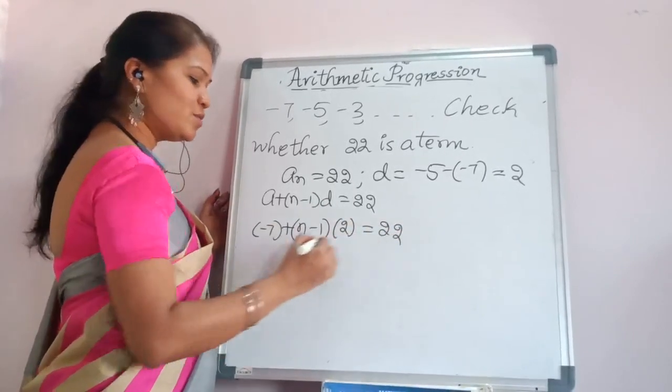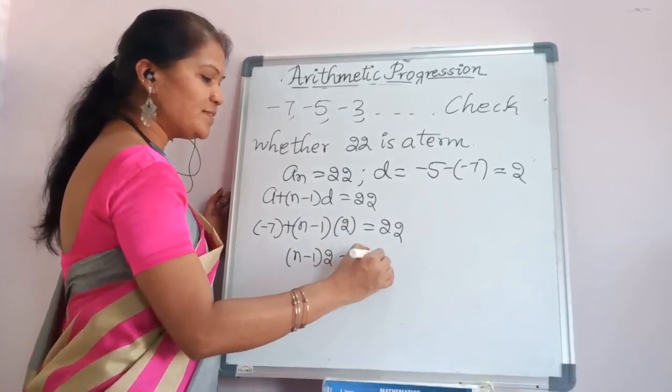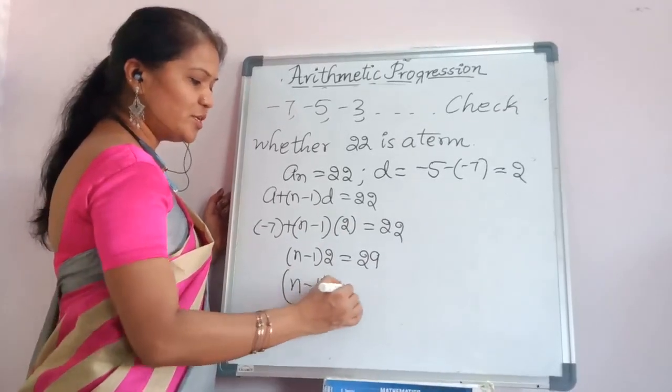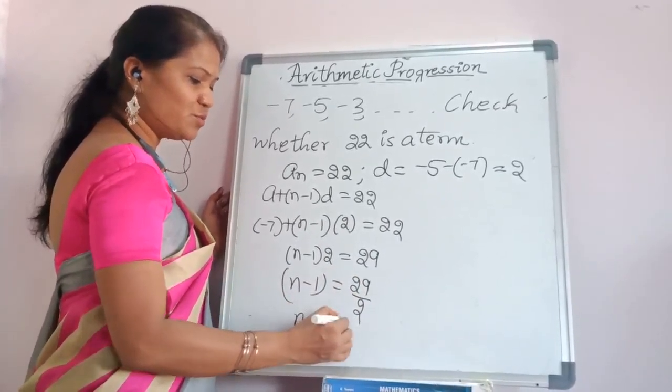So when minus 7 goes that side, n minus 1 into 2 is equals to 22 plus 7, 29. Then n minus 1 is equals to 29 by 2. So n minus 1 is equals to, is what?